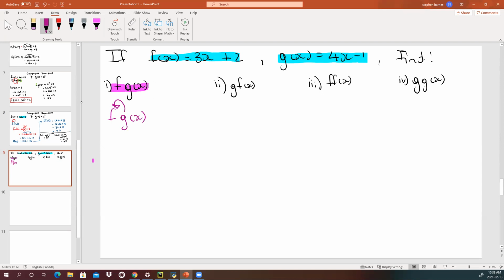So let's put the f function first because you're putting g into f. So f is 3x plus 2. And you're going to put the g function now into this f function. Anywhere you see x in the f function, you put the g function in it, yes?